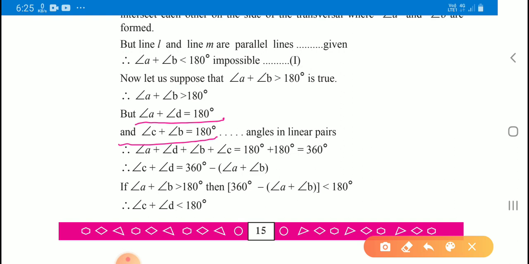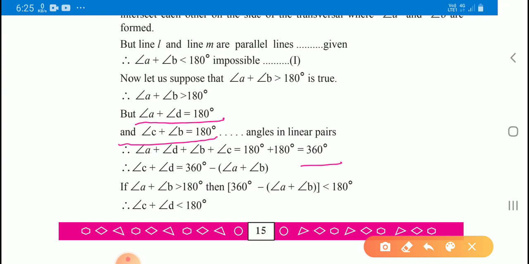Angle A plus angle B plus angle C plus angle D is equal to 180 plus 180, means 360 degrees. Now look, we will see here angle C plus angle D is equal to 360 minus (angle A plus angle B). Means here 360 minus 180, means this is equal to 180 degrees.